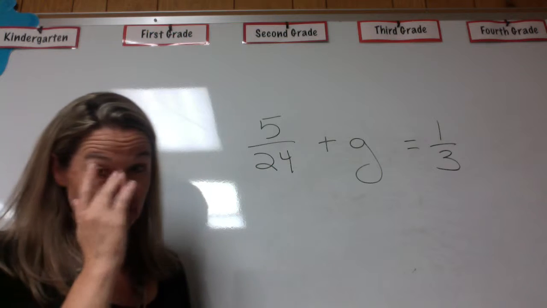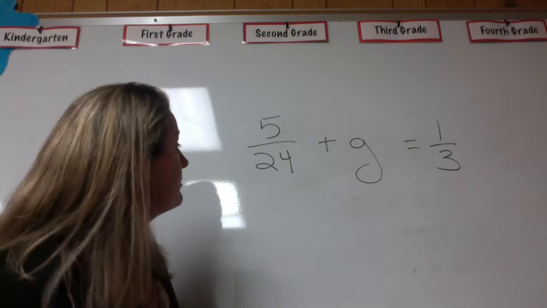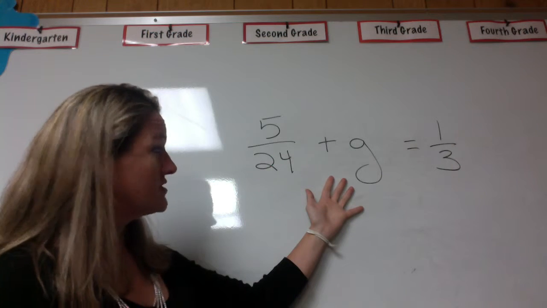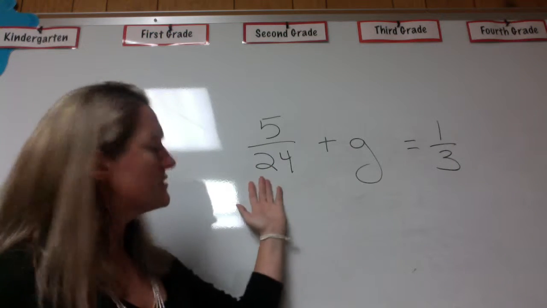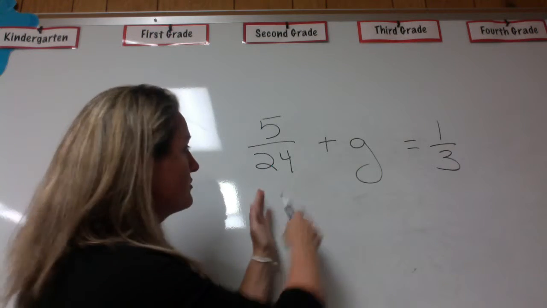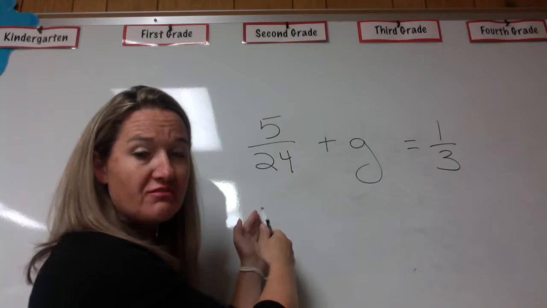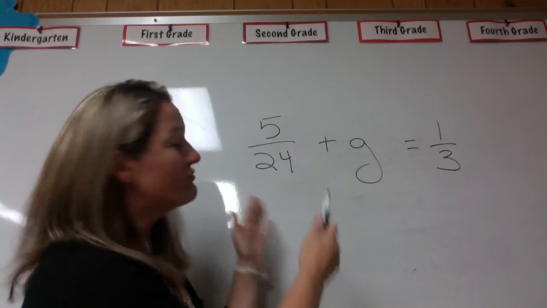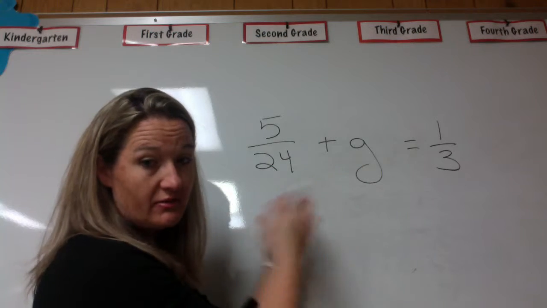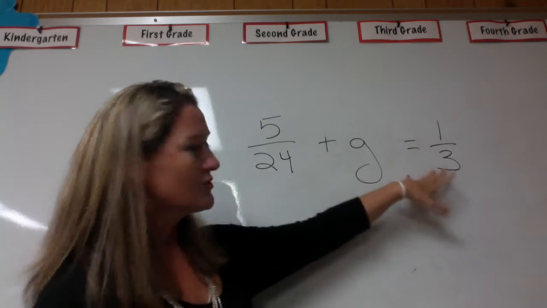Okay, so now we've got 5 over 24, and we're adding that to g. It says 5 over 24 plus g, but we're adding them together. So you could say we're adding g to 5 over 24, or we're adding 5 over 24 to g. Either way, they're being added together. Okay, remember that. Equals 1/3.